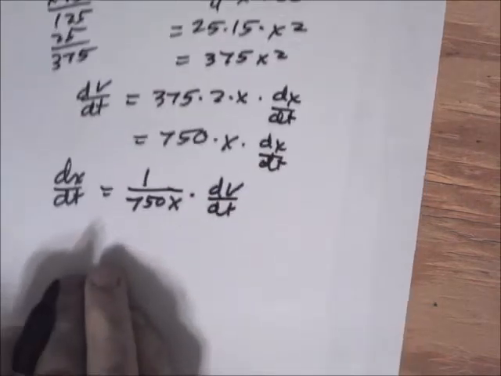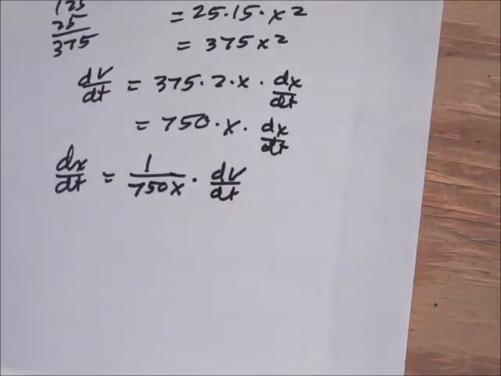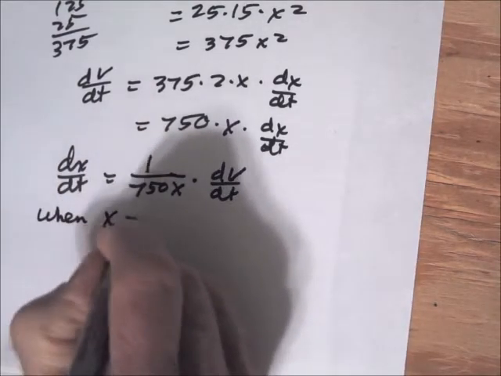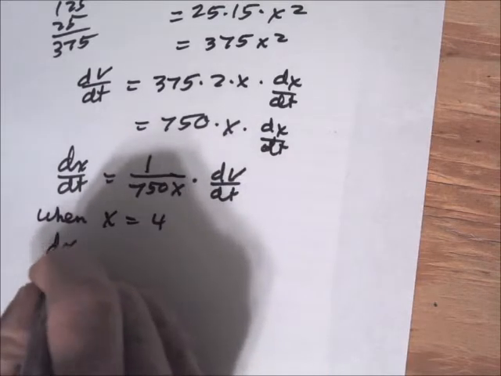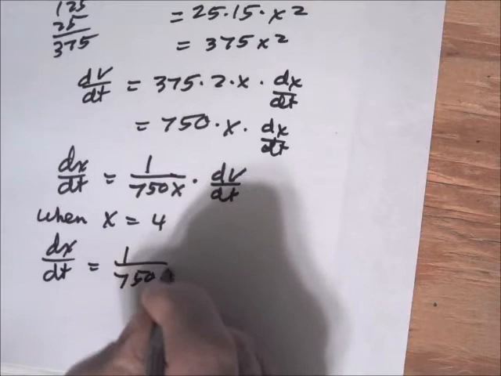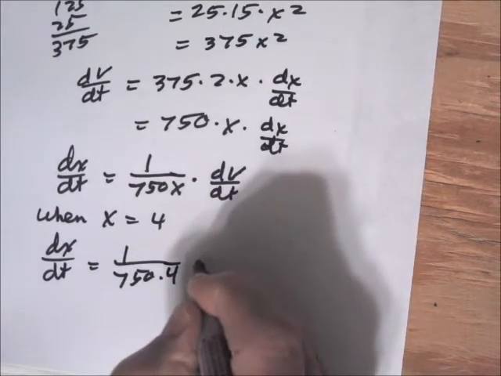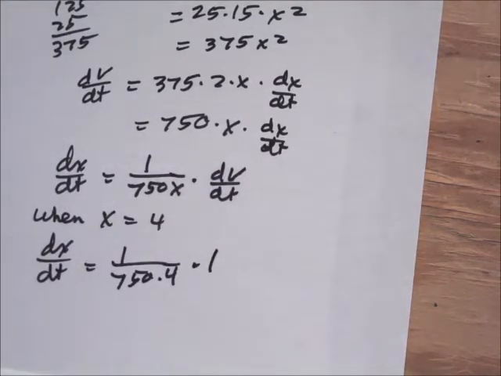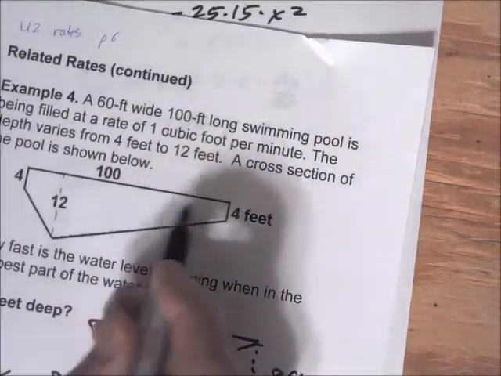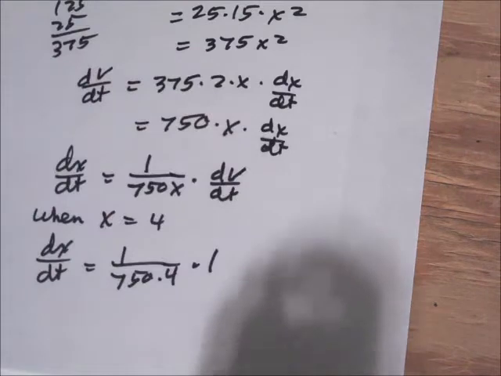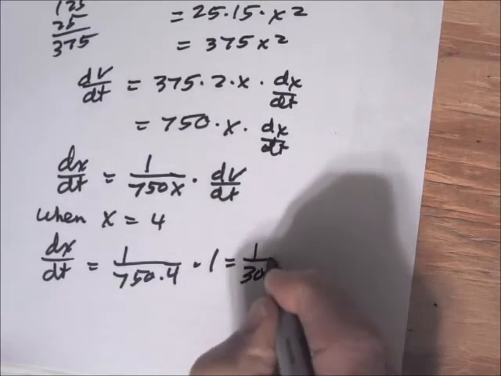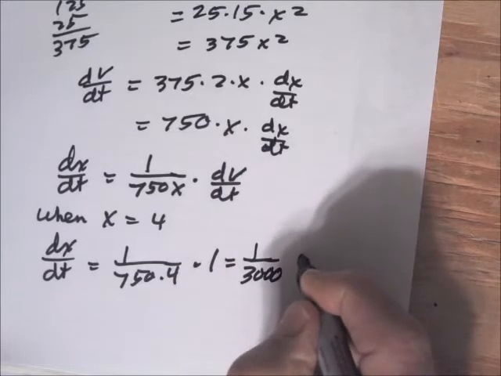Okay, so when x is 4, dx/dt would be 1 over 750 times 4, and dV/dt is 1. The pool is being filled at a rate of 1 cubic foot per minute. So dV/dt is 1. So this is 1 over 3,000 feet per minute.